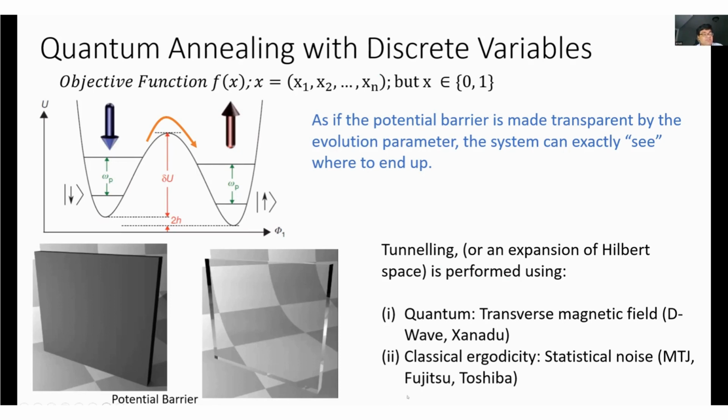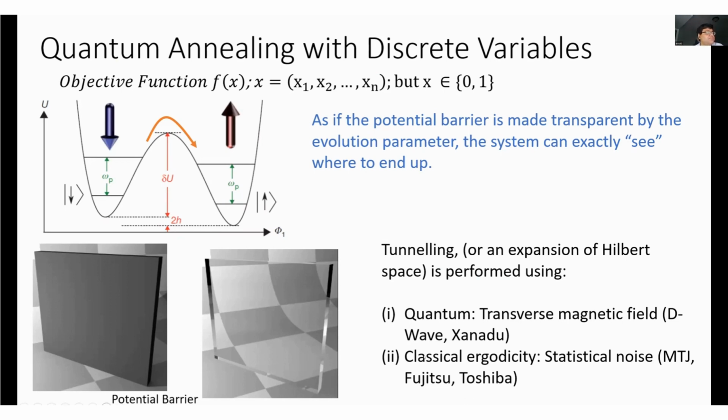There are also companies such as QuEra and ColdQuanta who use Rydberg blockade to bring two atoms close by and far apart, and then they can tune the Rydberg blockade that way in order to tune this potential barrier.